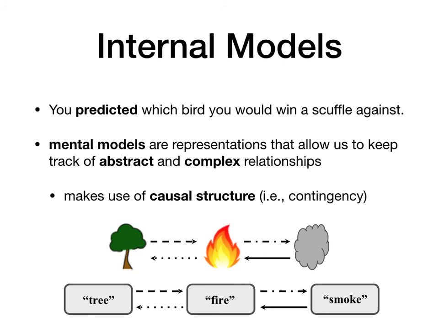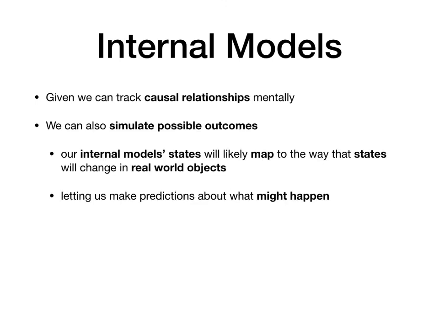This is really useful, right? This is how we're able to keep track of abstract information that relates very directly to information in the world and relationships in the world. So we can track these causal relationships mentally, and we can simulate possible outcomes, because our internal model states will map onto the way that the states change in the real world.